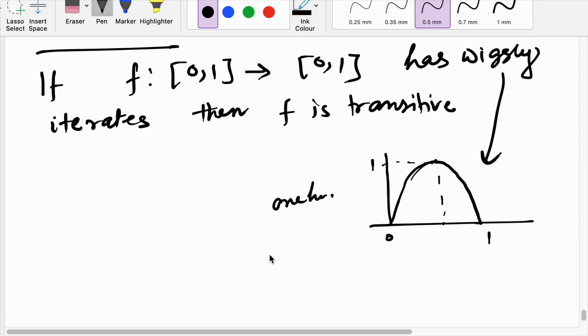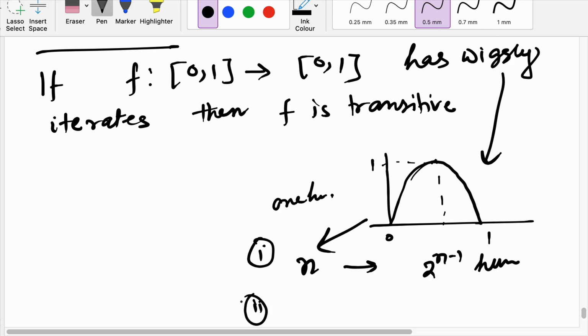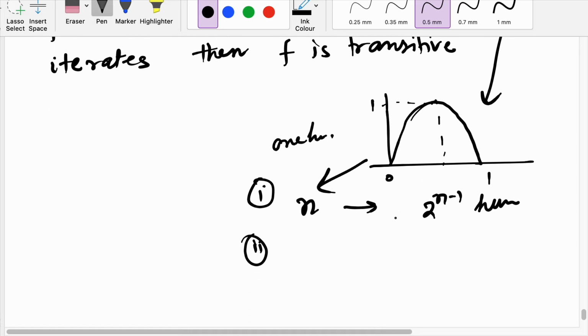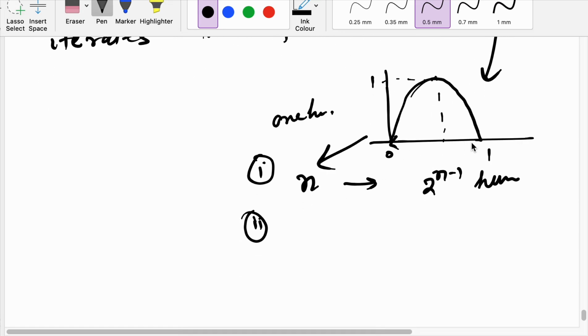Now if this one hump map has two properties, one is that the nth iterate f^n contains 2 to the power n minus 1 humps, and second, the base of the highest hump will decrease as n tends to infinity.